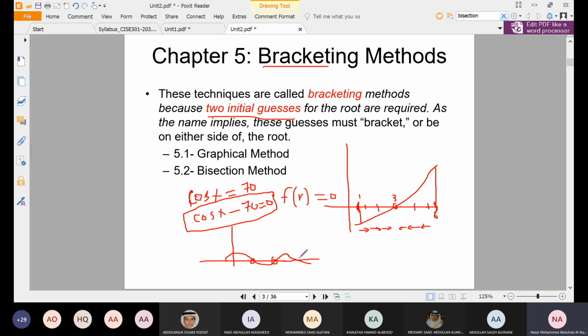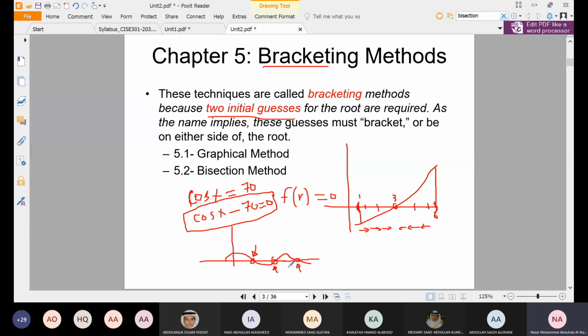If the function crosses the x-axis at these points, it indicates that I have roots at these points. But what's the exact value? I want to get it with minimum error. Look, there is also a root at this point.